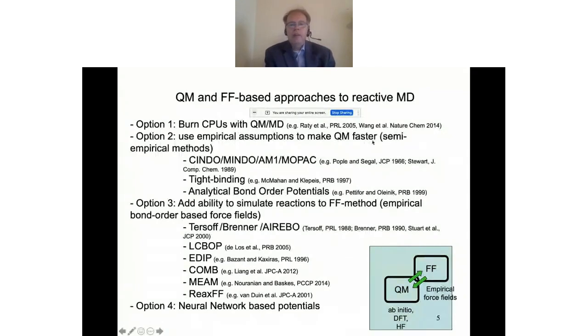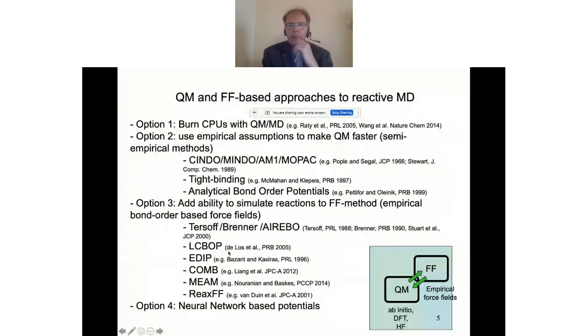You can also try to make quantum mechanics faster, so that gets you into the realm of so-called semi-empirical methods, and of particular relevance here are the tight binding methods that have taken a very significant development over the last 5 to 10 years, and provide now indeed a means to run ab initio-based molecular dynamics getting close towards hundreds of picoseconds of dynamics.